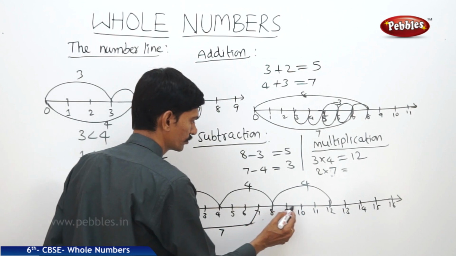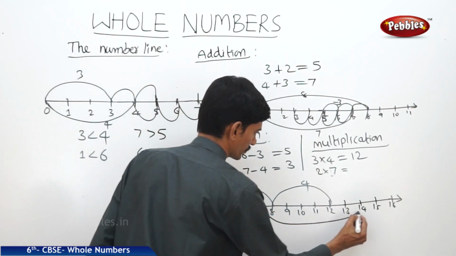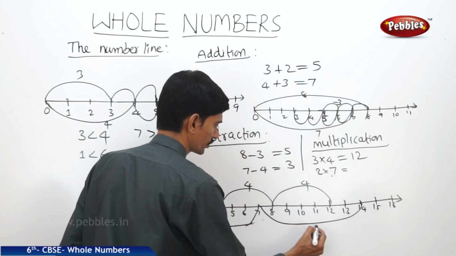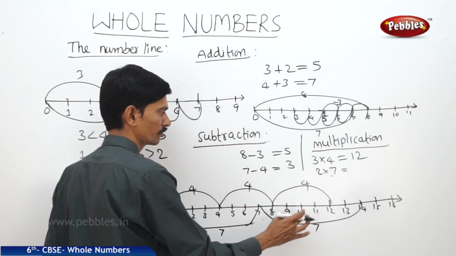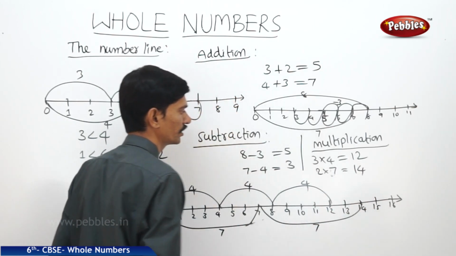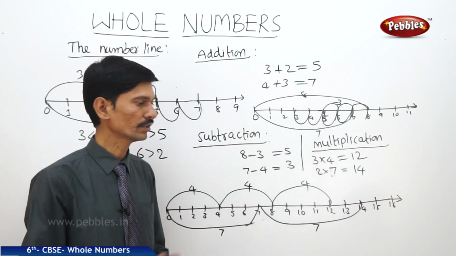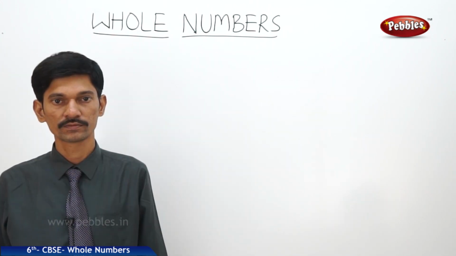So 1, 2, 3, 4, 5, 6, 7. So this is also 7. Now 2 7s are 14. So here also we reach 14 on the number line. So this multiplication is nothing but the repeated addition of the numbers.